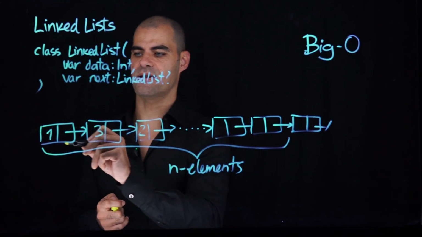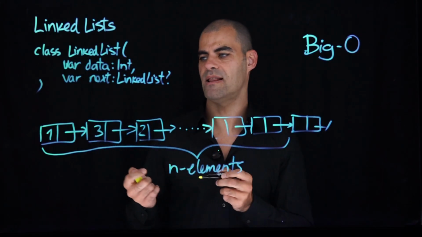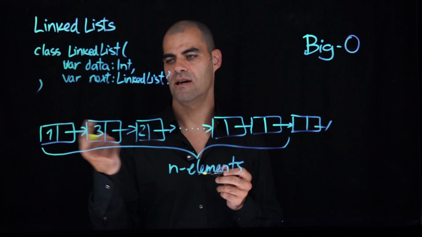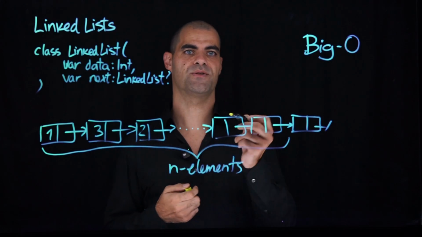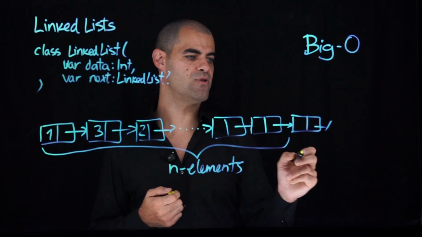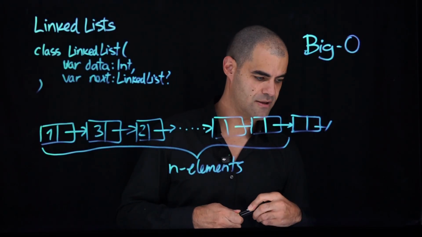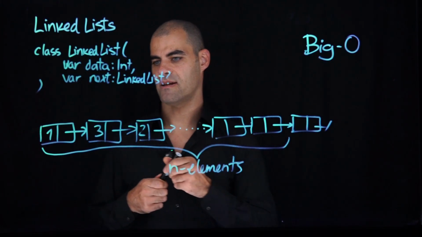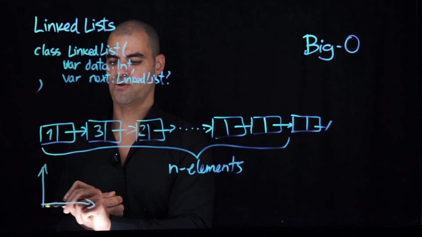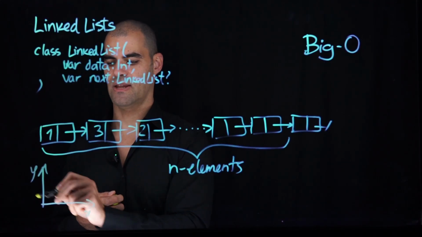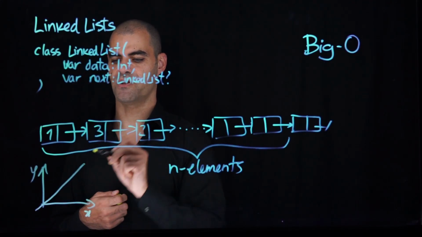So let's say if it takes 1 second to add one element, then it would take 2 seconds to add 2 elements, etc. So mathematically, this would be a function like this that you probably learned in school back in the day, which is a linear function. So it grows like this.